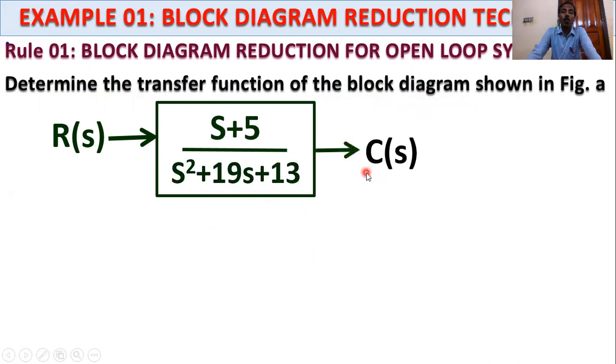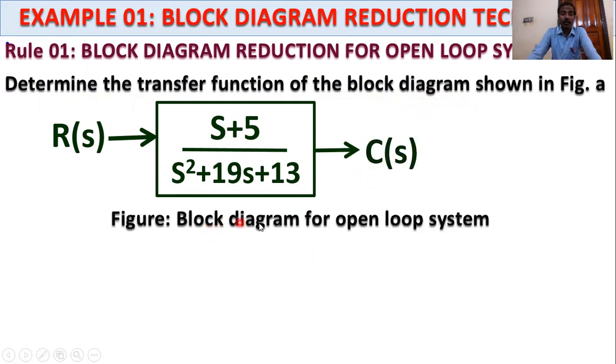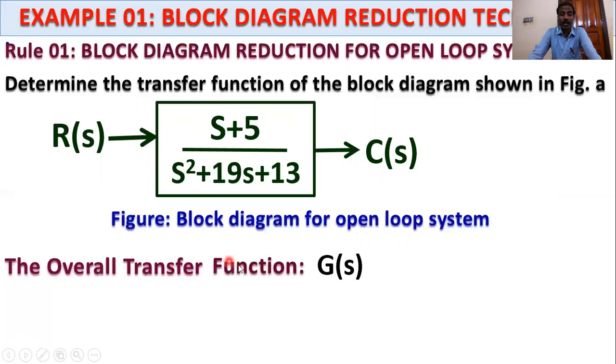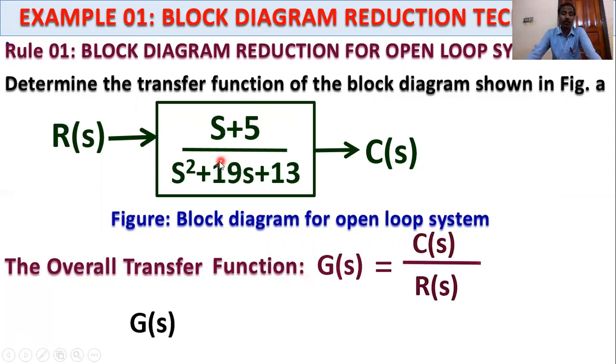So what is the open loop transfer function? This is the block diagram for open loop systems. The overall transfer function G of S equals C of S divided by R of S, and G of S equals what?